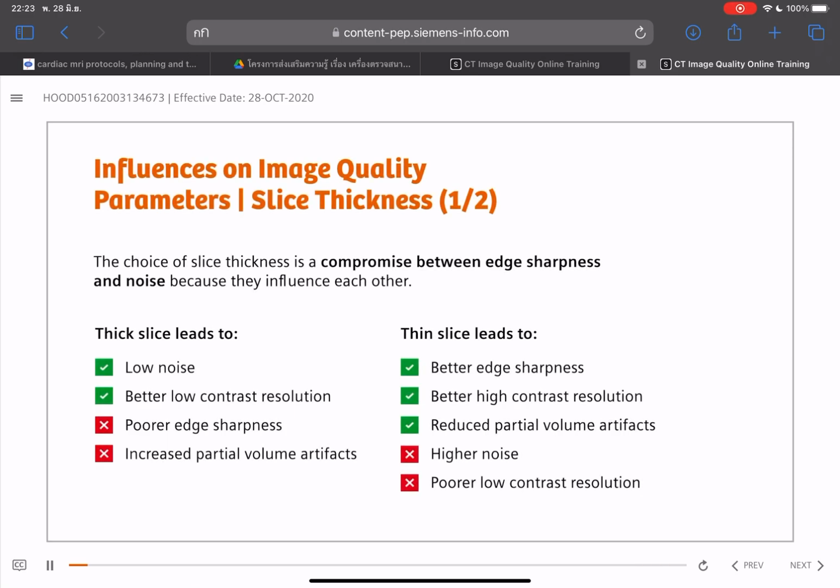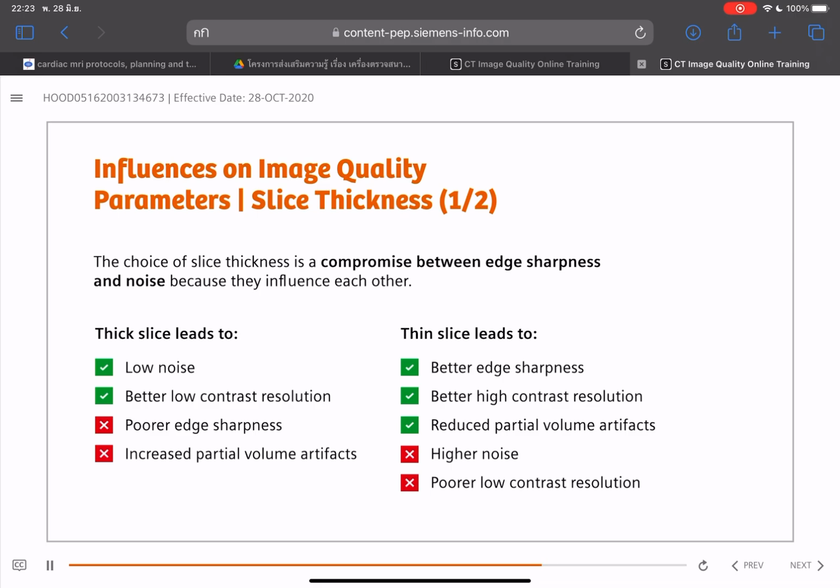The choice of slice thickness is a compromise between edge sharpness and noise, as they influence each other. Thicker slices offer lower noise and better low-contrast resolution, while sacrificing edge sharpness. Partial volume artifacts are more common when using thick slices. On the other hand, thin slices offer better edge sharpness and better high-contrast resolution.